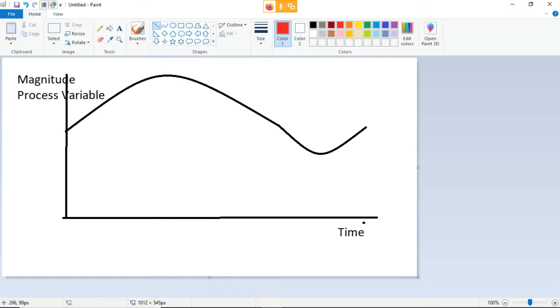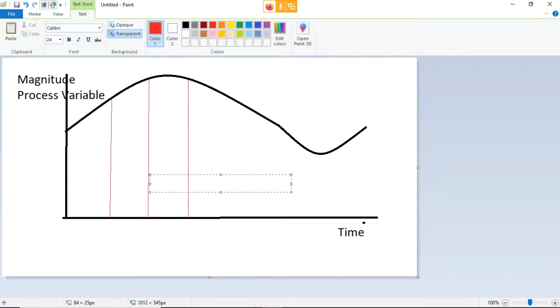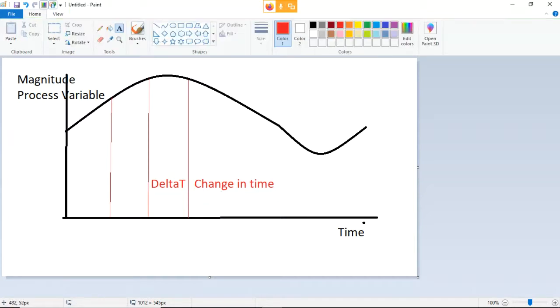Okay, and so what I want to do then is look at this at various points in time. And these various points in time here should all be constant, okay? And so this time here is what we call delta t, okay, which is the change in time for each one of these squares, okay?